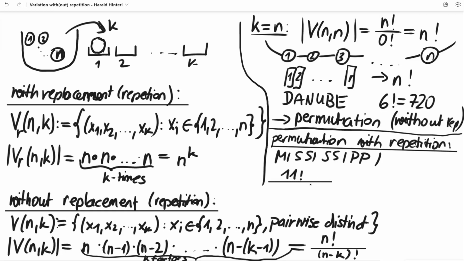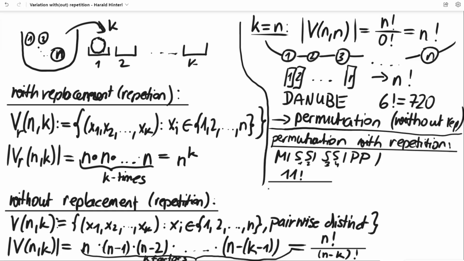But that's not the truth, because the 11 letters are not all different. You can permute the letters S among themselves. We have first S, second, third, fourth. And how to permute the S? Using permutation. So this is S1, S2, S3, S4. They are actually the same. If you permute them, you don't change the word. So this means we have 4 factorial possibilities we have to cancel.